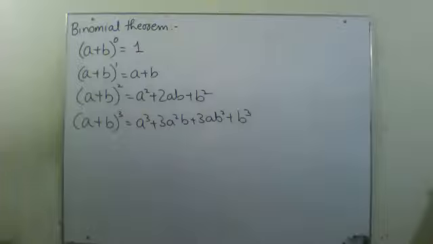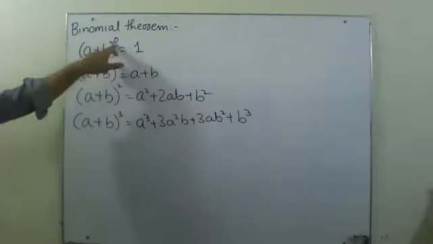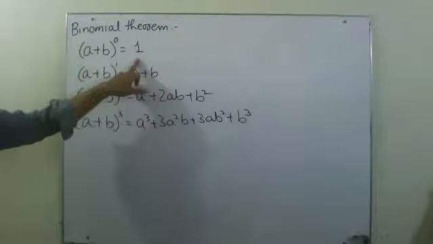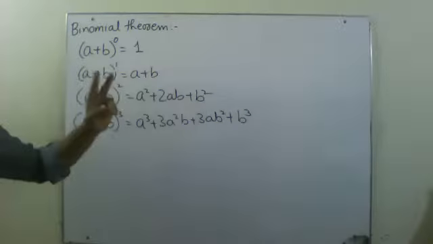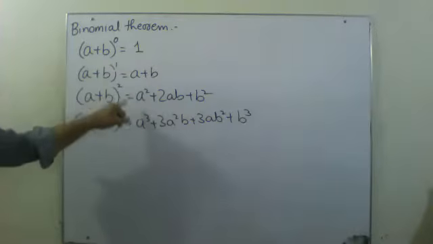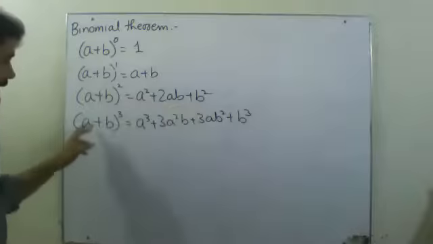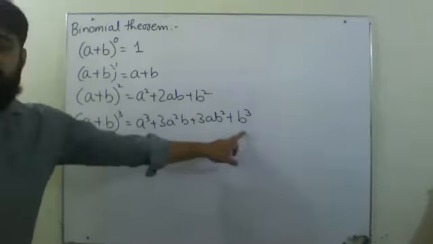Now the first thing you can see here: power is 0, number of terms is 1. Power is 1, number of terms is 2. Power is 2, number of terms is 3, and power is 3, number of terms is 4.